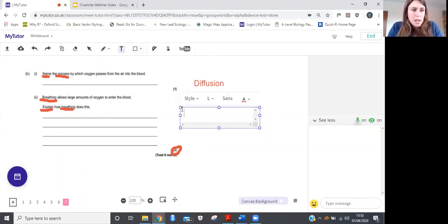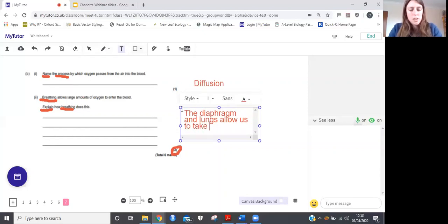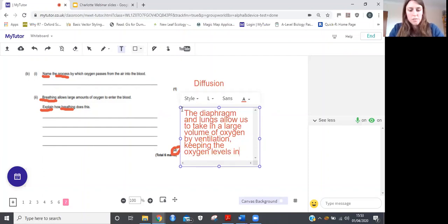So we would say that the diaphragm and lungs allow us to take in a large volume of oxygen by ventilation, keeping the oxygen levels in the lungs high.